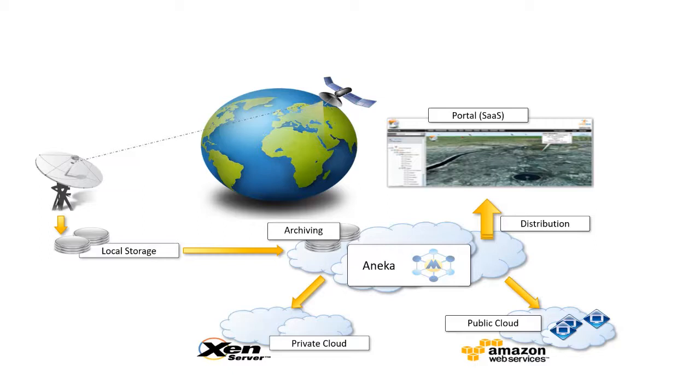A SaaS application provides a collection of services such as geocode generation and data visualization. At the PaaS level, Aneka controls the import of data into the virtualized infrastructure and the execution of image processing tasks that produce the desired outcome from the raw satellite images.